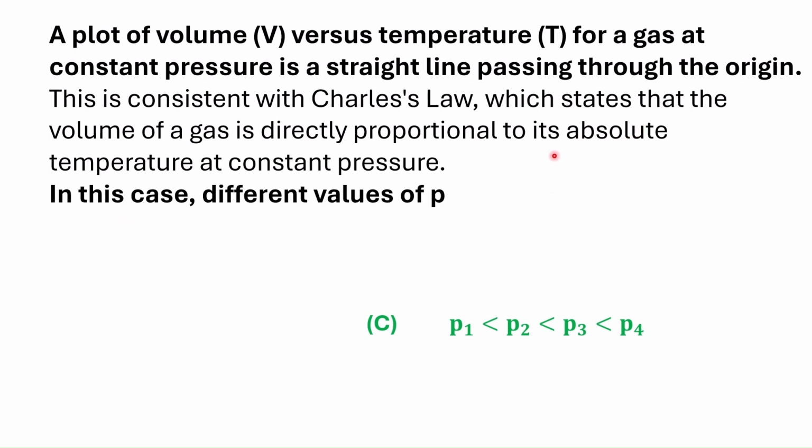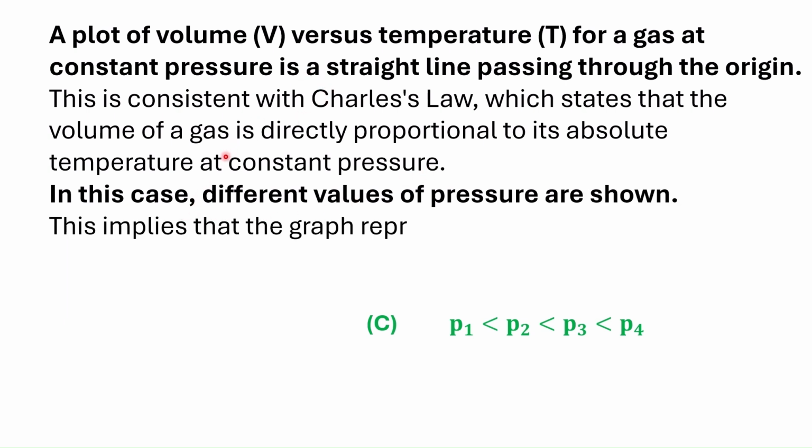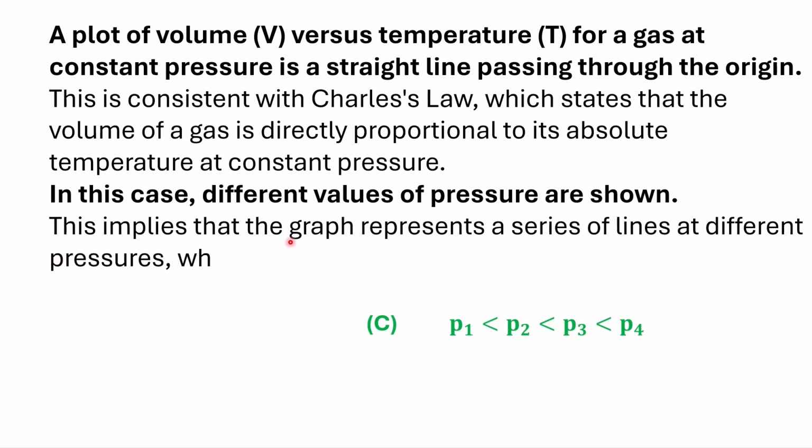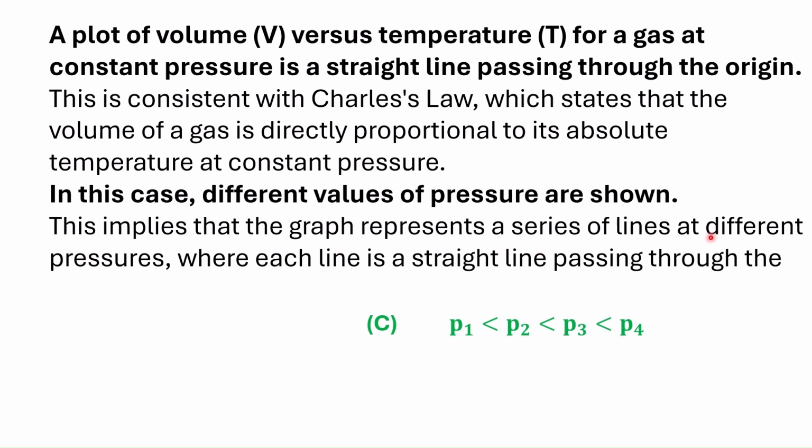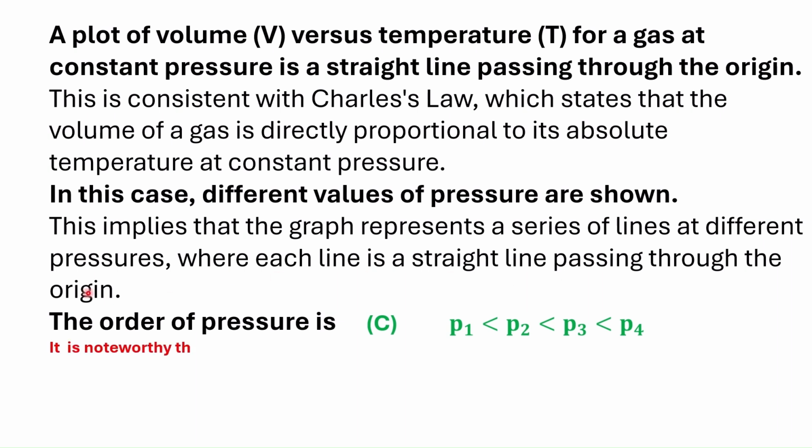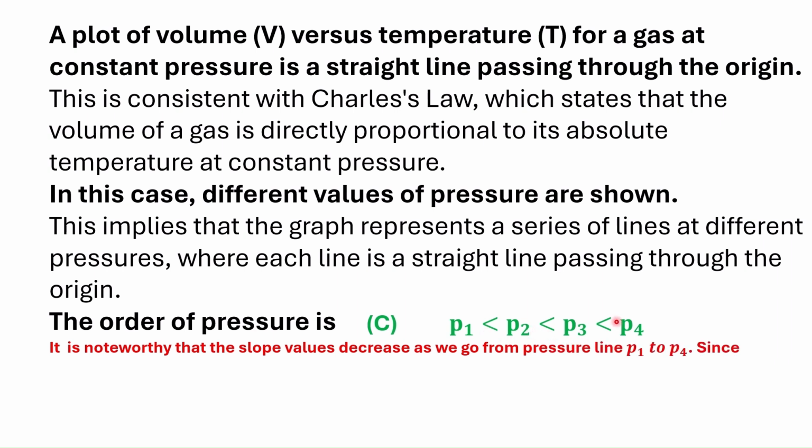Absolute temperature means the temperature in Kelvin. In this case, different values of the pressure are shown, which implies that the graph represents a series of lines at different pressures, where each line is a straight line passing through the origin. The order of pressure is P1 lesser than P2, lesser than P3, lesser than P4.